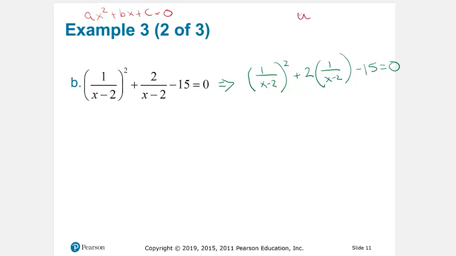So if I make u equal 1 over x minus 2, that would make u squared equal 1 over x minus 2 quantity squared. So hopefully that makes sense. And then I'm going to substitute, and what I'm going to get is u squared plus 2u minus 15 equals 0.